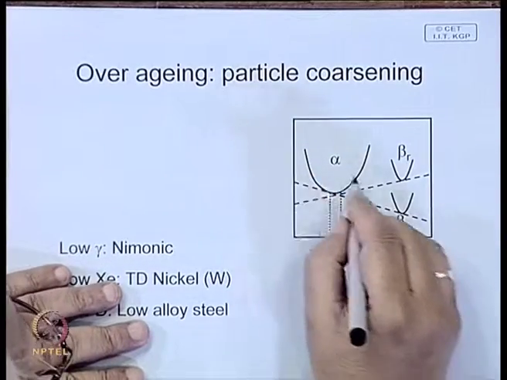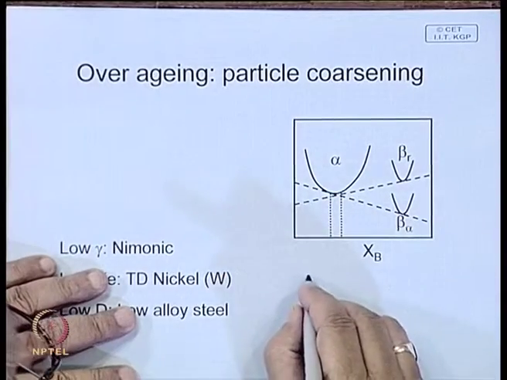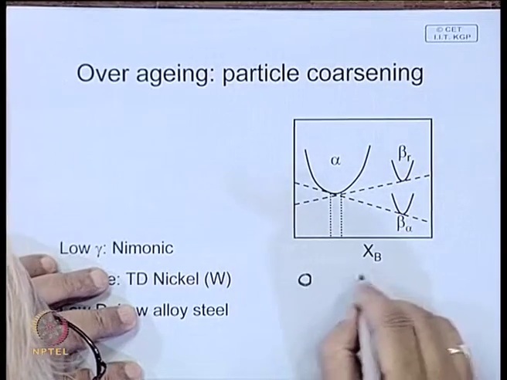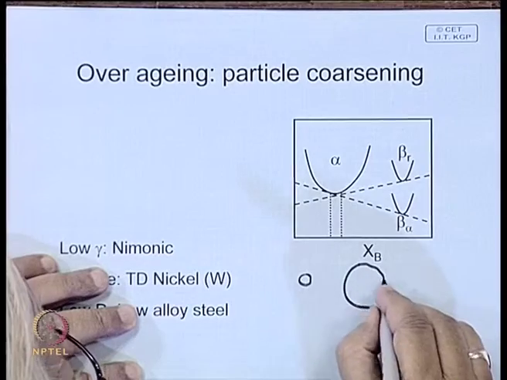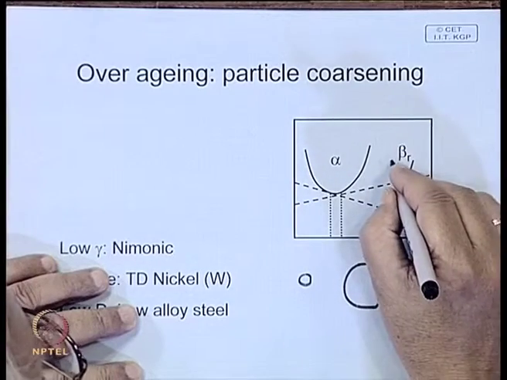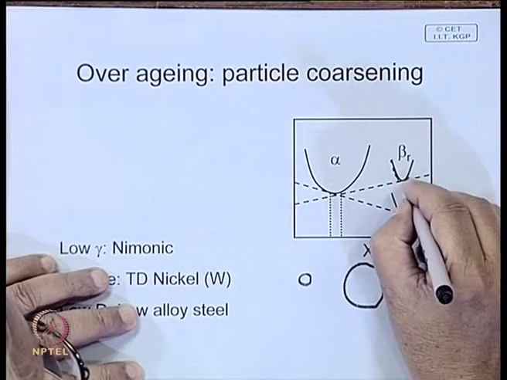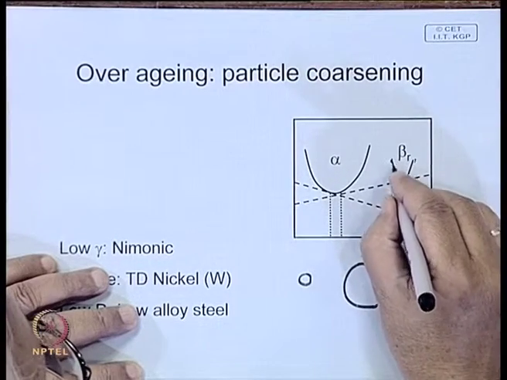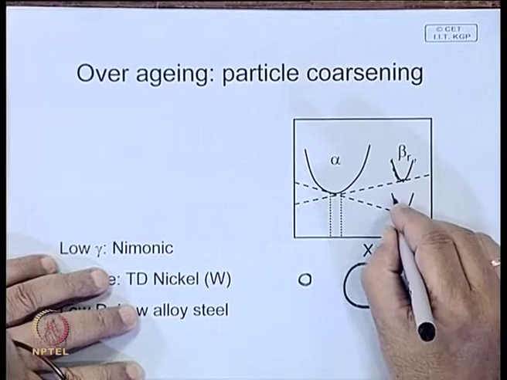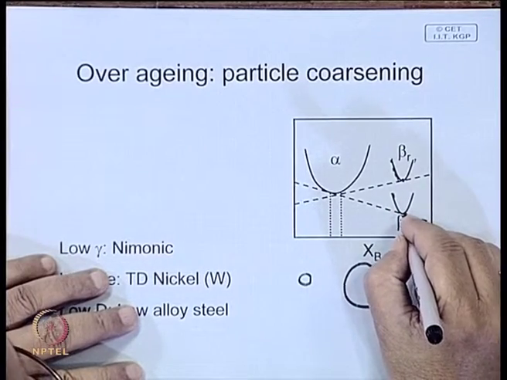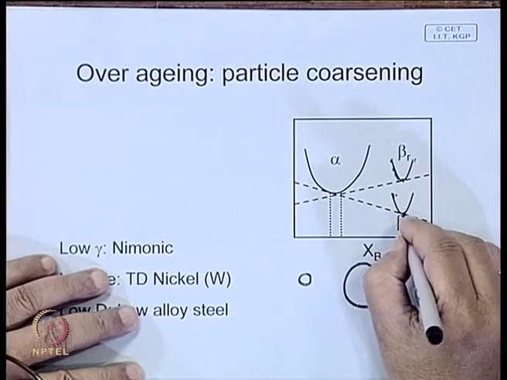Actually, this overaging takes place when the precipitate grows, because if you have one small precipitate and another large precipitate, they will have different thermodynamic stability. The smaller precipitates are thermodynamically unstable, they have higher free energy. The coarse precipitates are thermodynamically more stable, they have lower free energy.